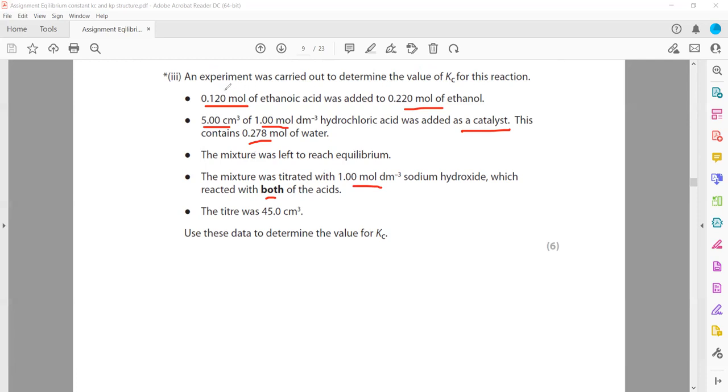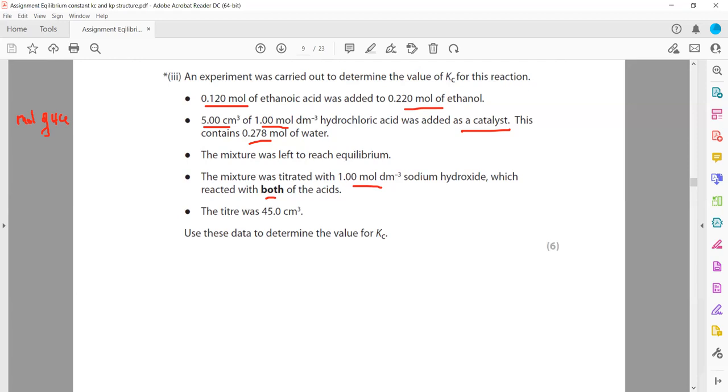So these are the initial moles, 0.12 moles of ethanoic acid and 0.220 moles of ethanol. And we have hydrochloric acid there. So first we'll find how many moles of hydrochloric acid are there. Moles of HCl. Moles equal concentration times volume. The concentration of the hydrochloric acid is given as 1, and the volume is 5 cm cube.